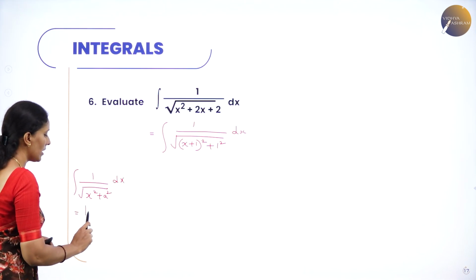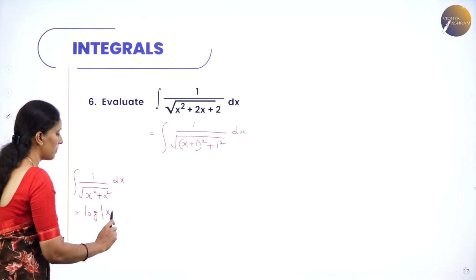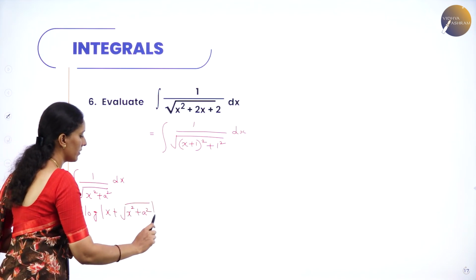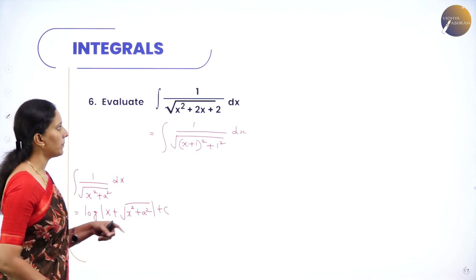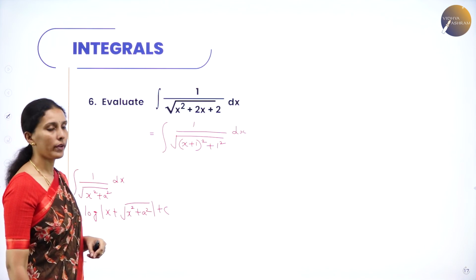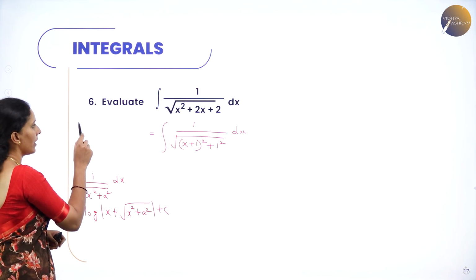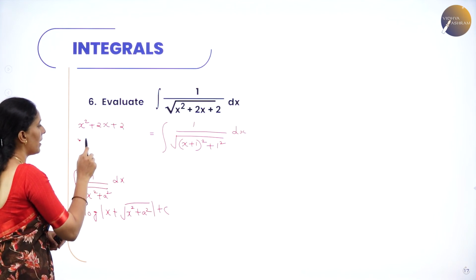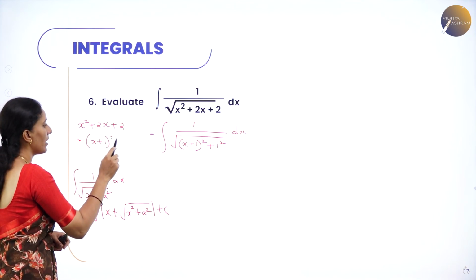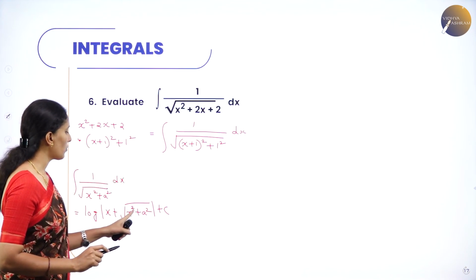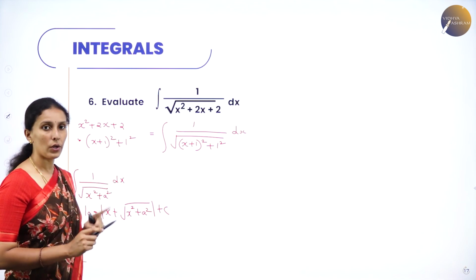This can be written as log of x plus square root of x square plus a square, plus c. Remember here x square plus a square is nothing but x square plus 2x plus 2, which is (x plus 1) whole square plus 1 square. So you can replace x square plus a square by the quadratic expression itself.